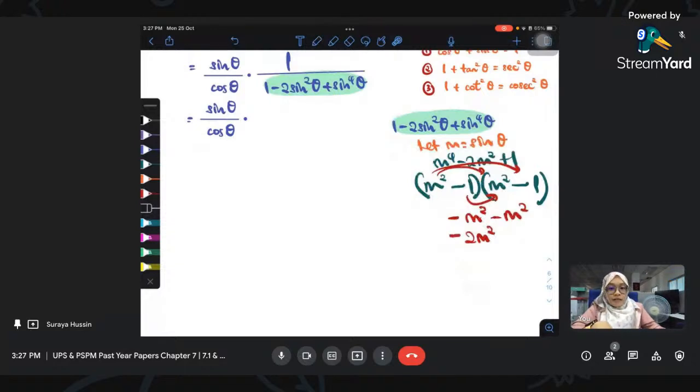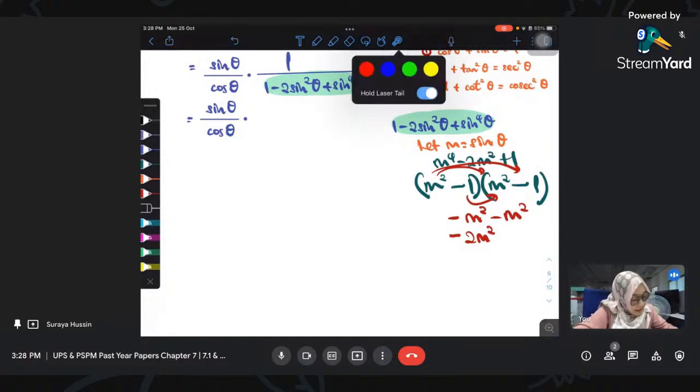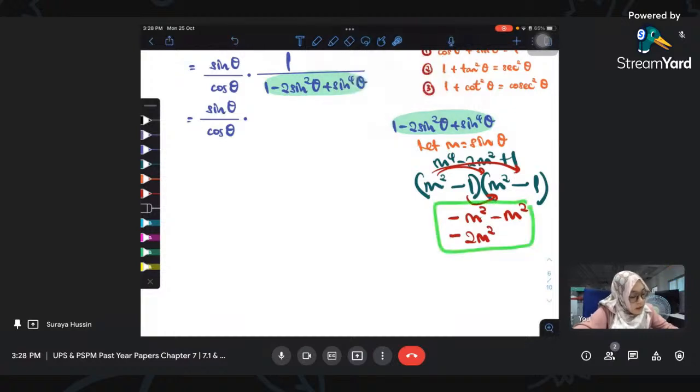Sorry, I'm distracted because I heard some bunyi. I think it's a mouse above there. Wherever you are, just don't let me see you. Okay, my point right here is this is just my explanation, guys. Maafkan saya, ini adalah explanation saya sahaja untuk menunjukkan kamu that this is correct.